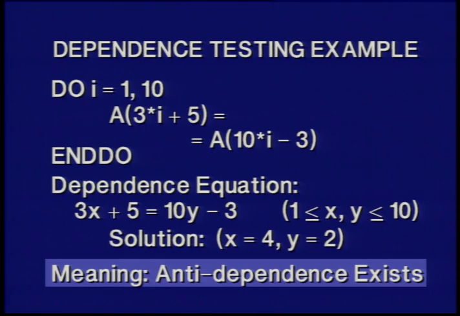Can I form that do loop into parallel processes? The way we look at this is that we say, is there any value for I between 1 and 10 which satisfies the equation? We actually form this as an equation, taking the first subscript, 3 times I plus 5, and we say, okay, let's say that's x.